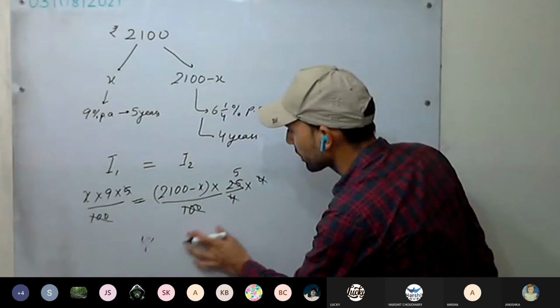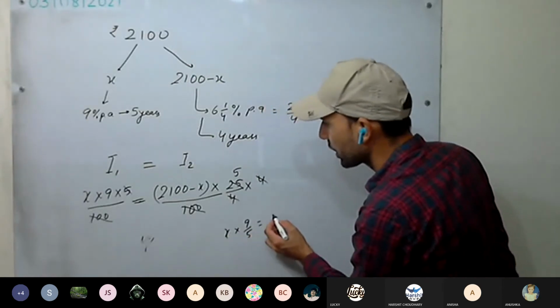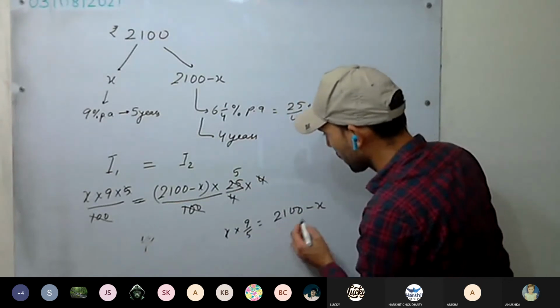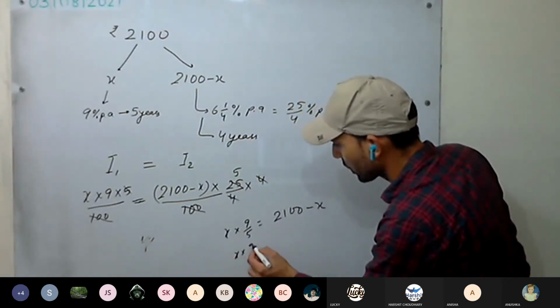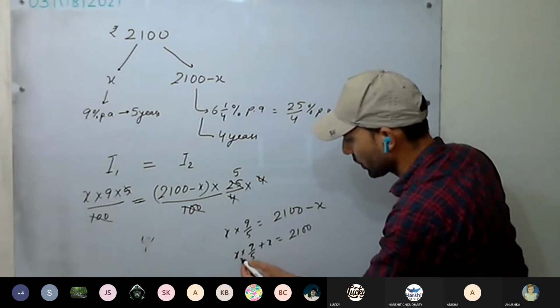Okay, we can write it like this: x into 9/5 equal to 2100 minus x. Okay, x into 9/5 plus x equal to 2100.